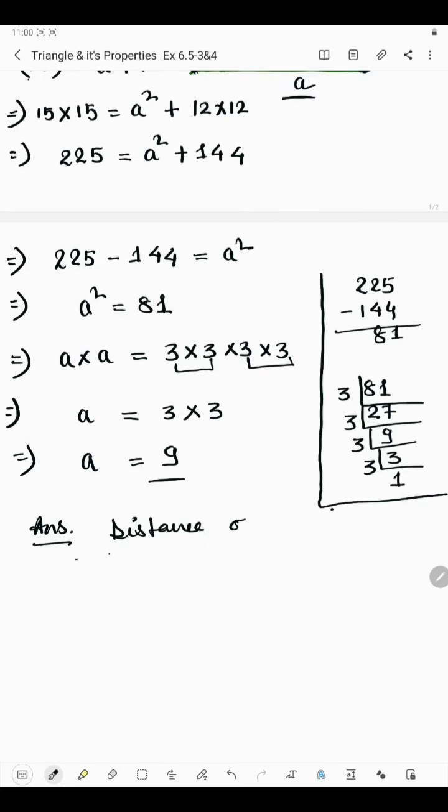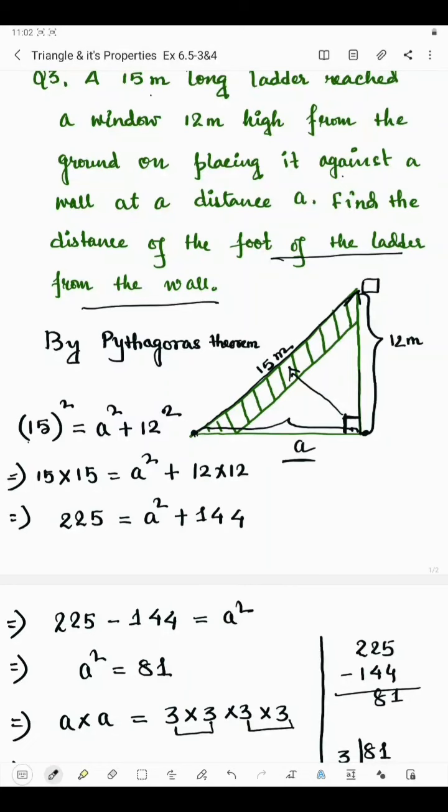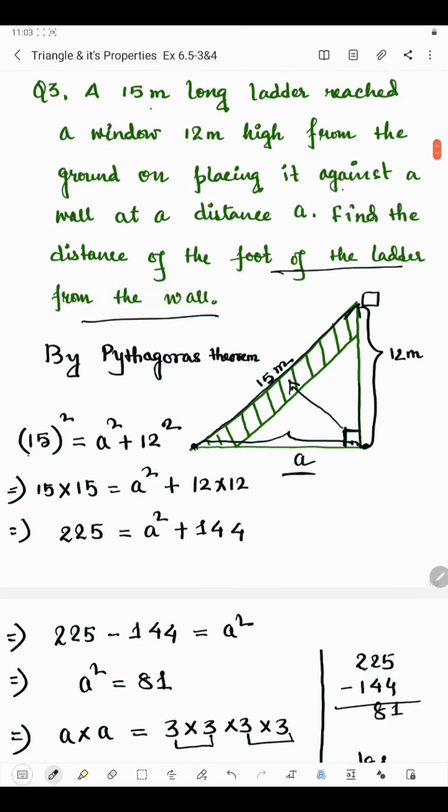Distance of the foot of the ladder from the wall is 9 meter. So what we have learned from this question, to get one side of a right angle triangle, we will have to use Pythagoras theorem. So this was all about question number 3.